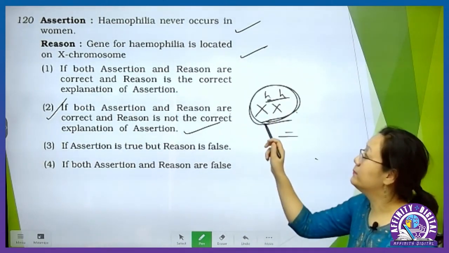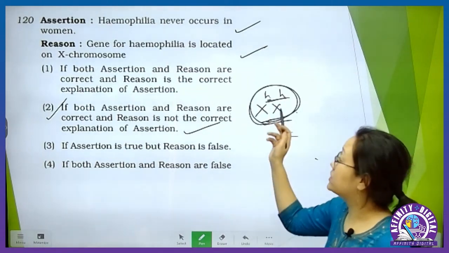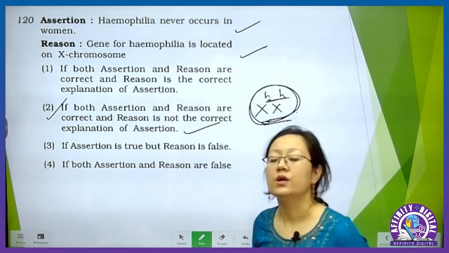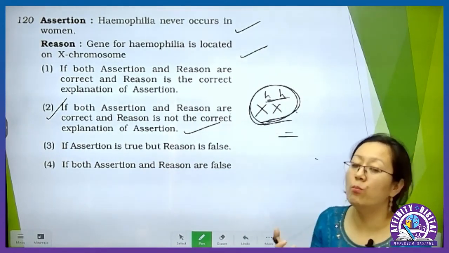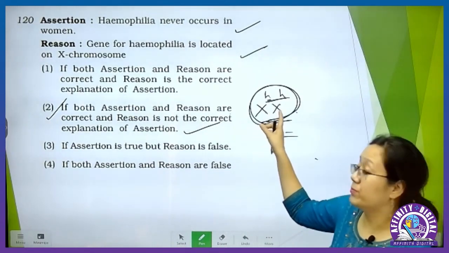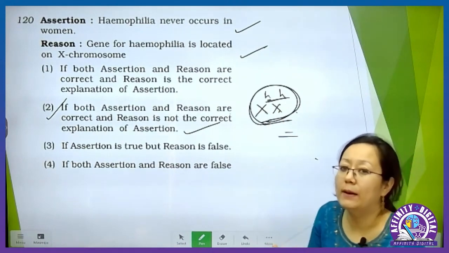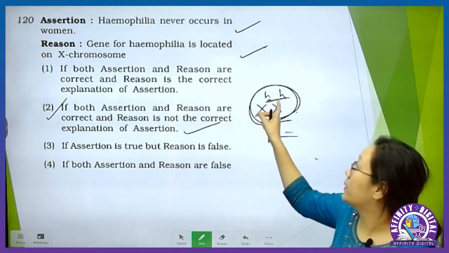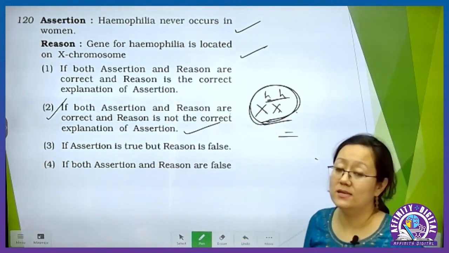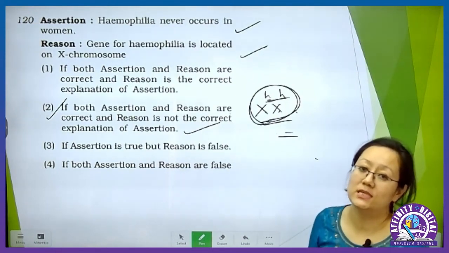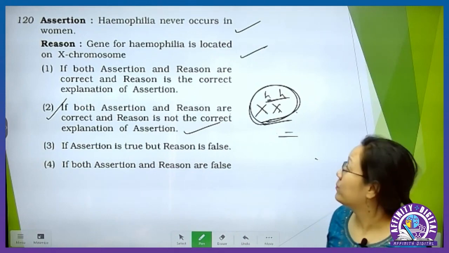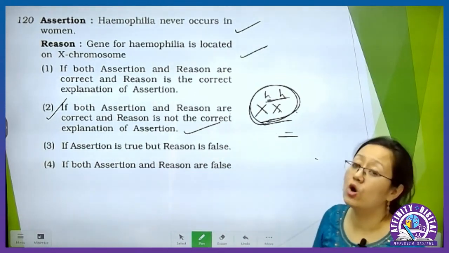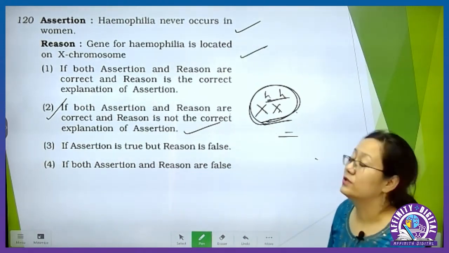When the hemophilic gene is in the homozygous condition in a female, at the embryonic stage itself, inside the mother's womb, this female fetus will automatically be aborted. Why? Because the hemophilic recessive gene in its homozygous condition is a lethal gene, meaning it leads to death of an individual. That is why hemophilia never occurs in women.